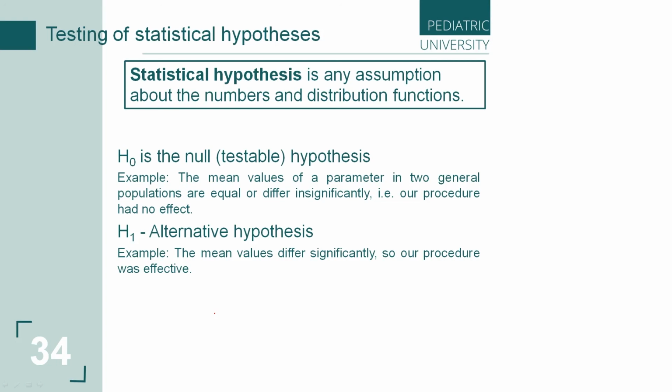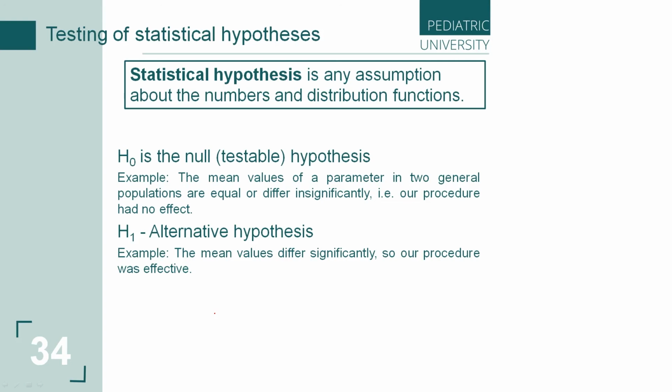The alternative hypothesis is the hypothesis when the mean value differs significantly. That is, our treatment was effective. The null hypothesis is always that we are ineffective, when the mean values are equal, and the alternative hypothesis can be the opposite, that is, the mean values are not equal to each other.